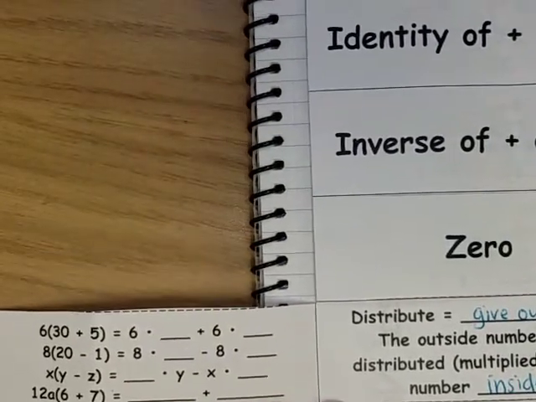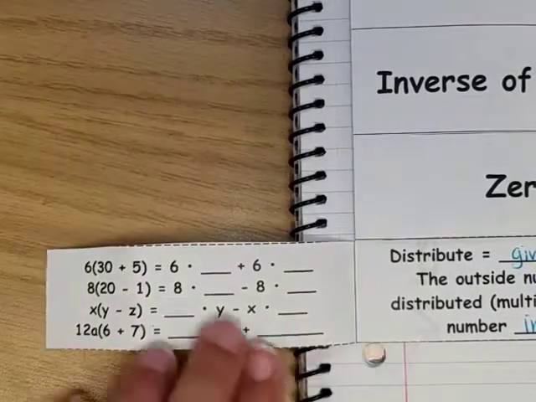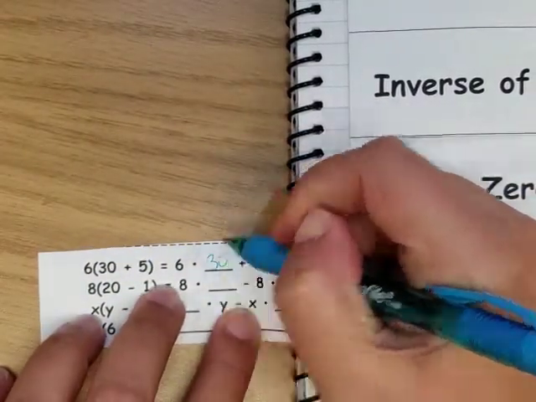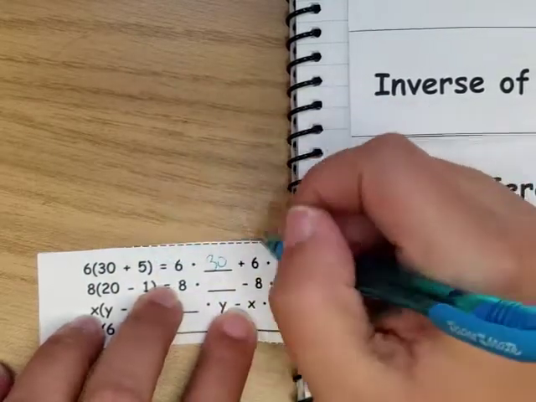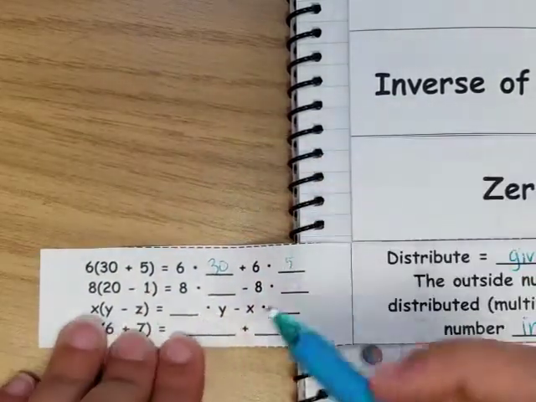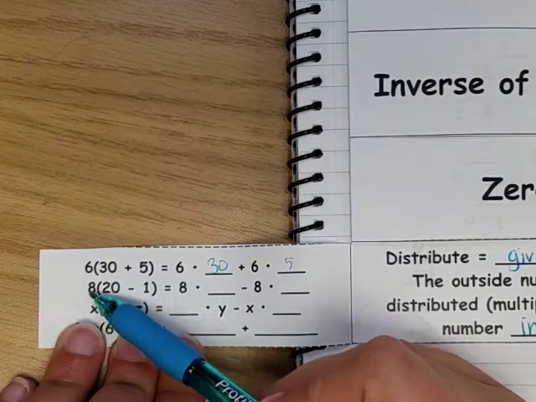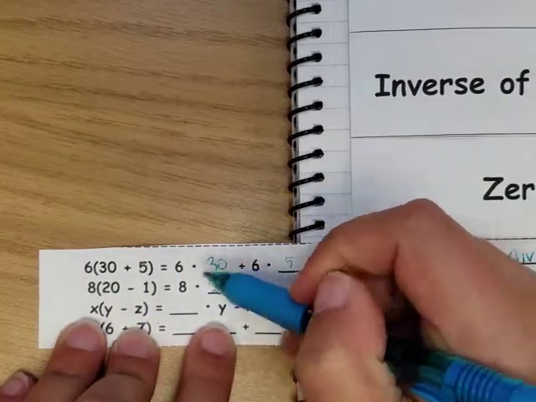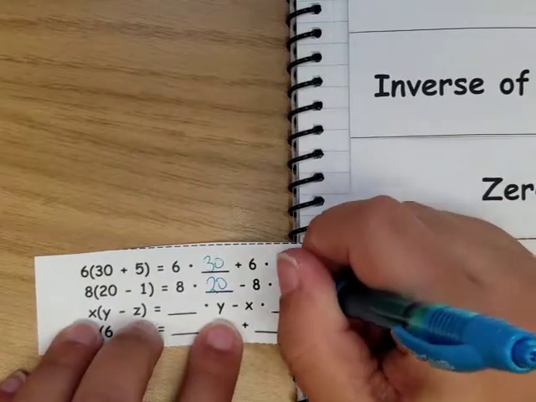So if we look over here, what this is saying is 6 times 30 plus 6 times 5. This is saying 8 times 20, because you want 8 groups of 20, minus 8 groups of 1.